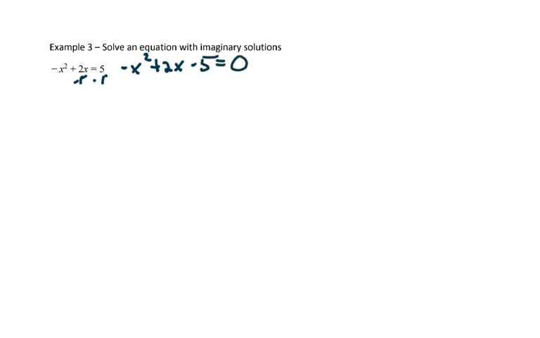So now I got it set equal to 0. I'm going to put that 1 in there to remember that there's a negative 1 there. The reason why I'm doing that is because we just identified A, B, and C. Okay, so here we go. Let's write it out. A equals negative 1, B equals 2, and C equals negative 5. All right, if we're going to write this in the quadratic formula, let's start with x equals.